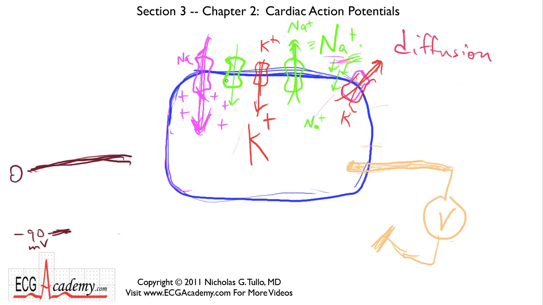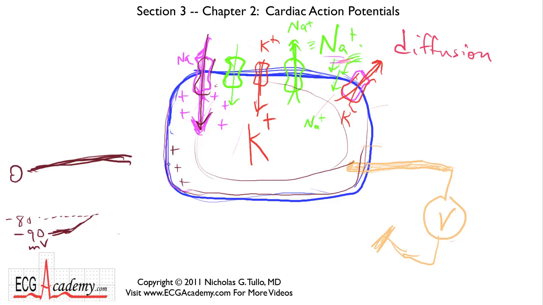Okay, so now what happens when the cell is ready to fire? What usually tips the cell to firing is that the inside of the cell becomes a little bit more positive. It reaches a certain threshold voltage, which may be minus 80 or something like that for certain cells. Once it reaches that threshold, suddenly these sodium gates open, and sodium is able to rush into the cell, making the inside of the cell much more positive than it was before.